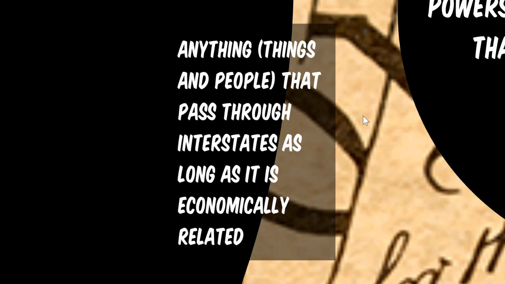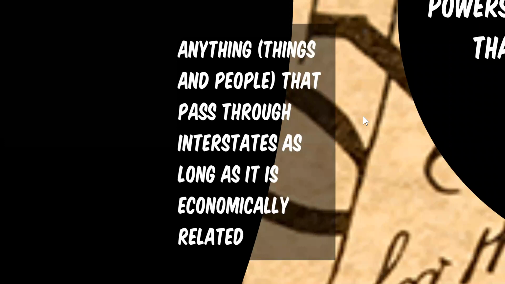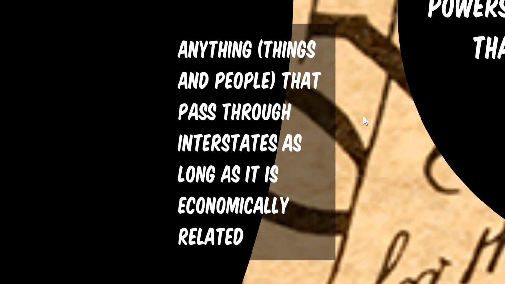Again, the Commerce Clause was really just developed to allow states to economically deal with each other and do business with each other. Unfortunately, it's also been expanded and interpreted to allow the federal government to pass laws as long as it's interstate and it's economically related. And that's why you'll see things like federal education laws.